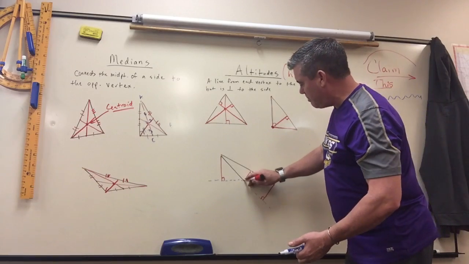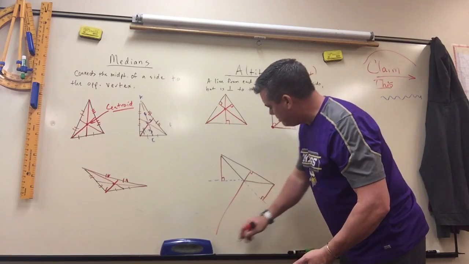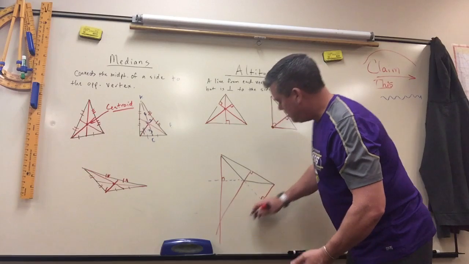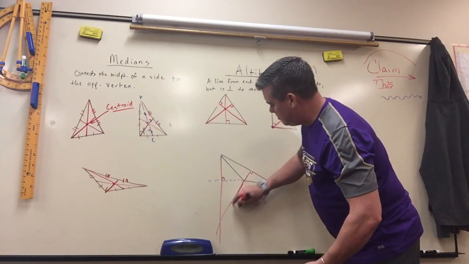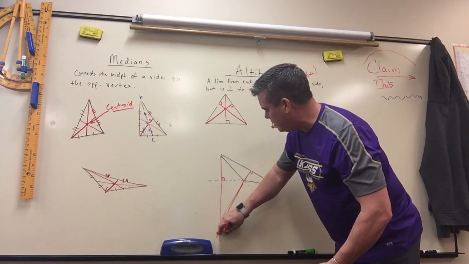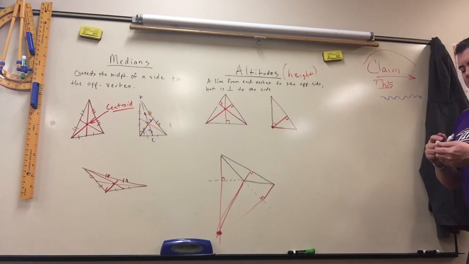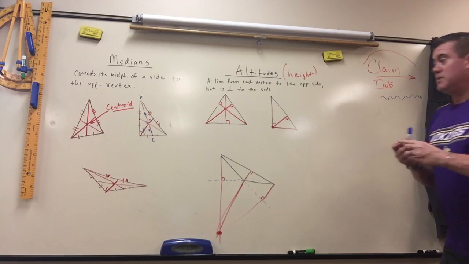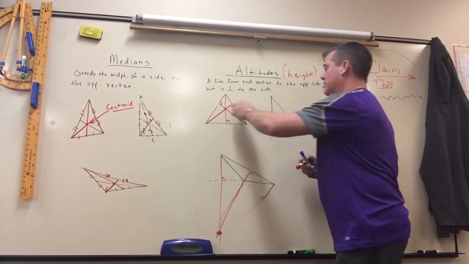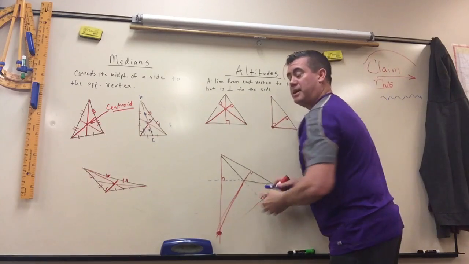Okay, now these will intersect also. I didn't put it high enough up, but if you kept going down, they would intersect down here somewhere. So that's similar to the perpendicular bisectors. Sometimes they intersect inside, sometimes it's on, sometimes it's outside.